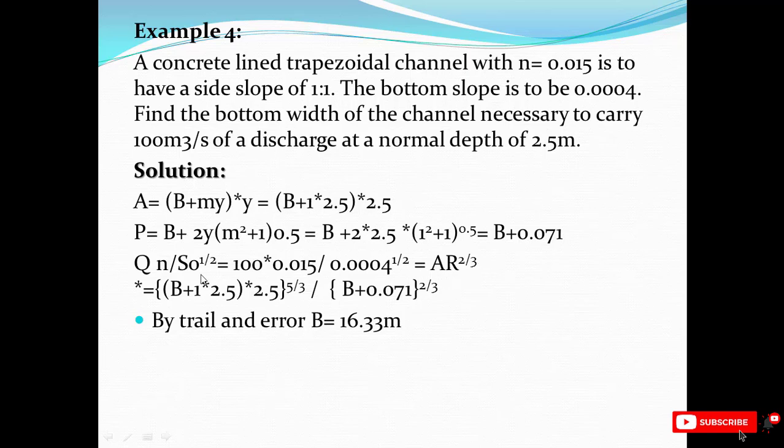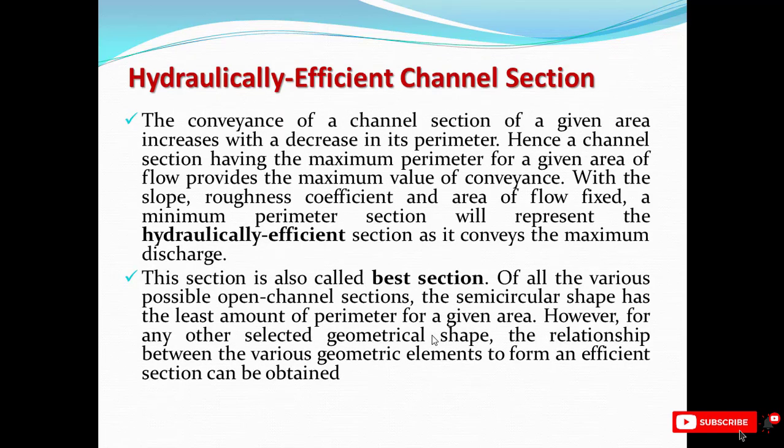If this side is equal to the other, it means your chosen value is correct. If it is lesser or greater, try another value. Okay, finally B is equal to 16.33 meter.